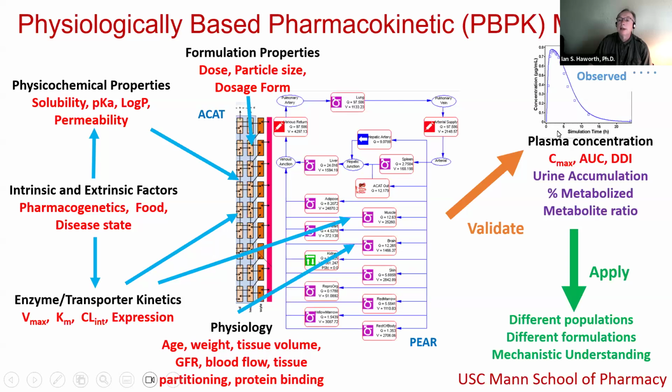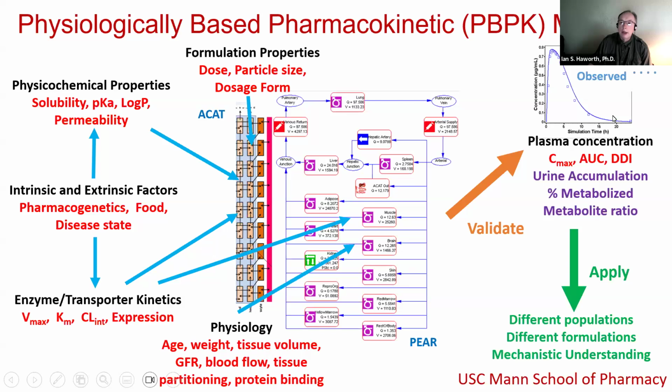And so this is, again, a simulation of time versus concentration in the plasma, in actuality the time after administration of a drug. And of course, the goal is that your simulated curve, your line here, matches with the observed data, which of course in this case it does.